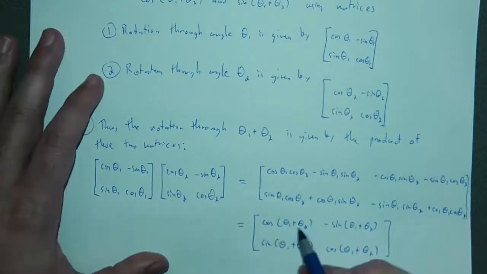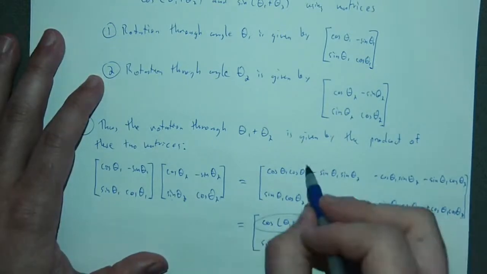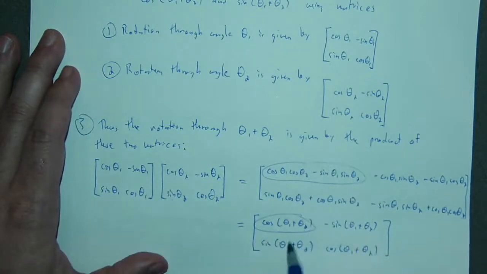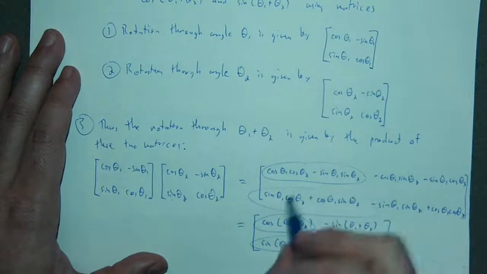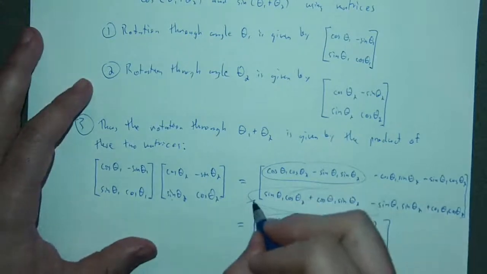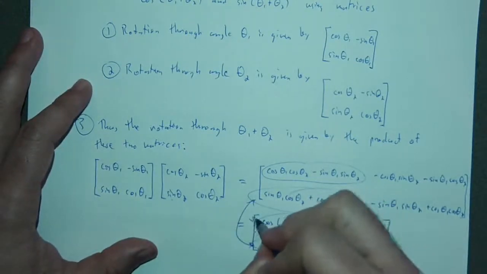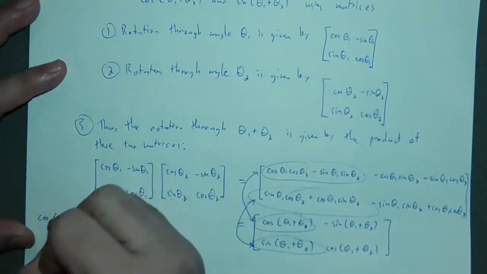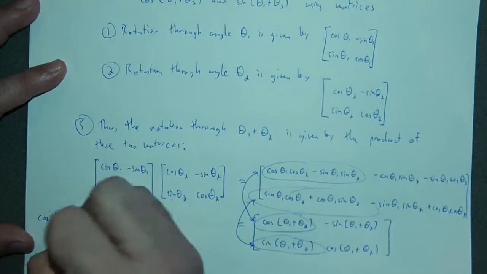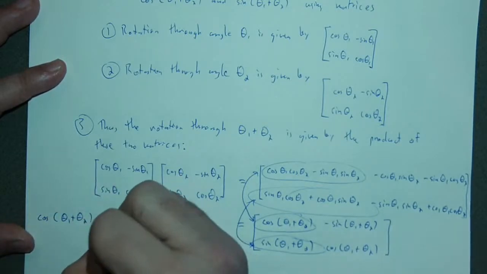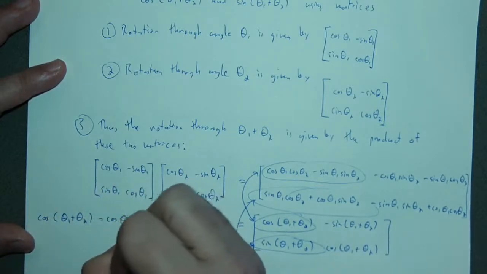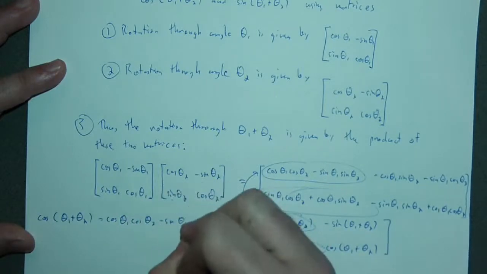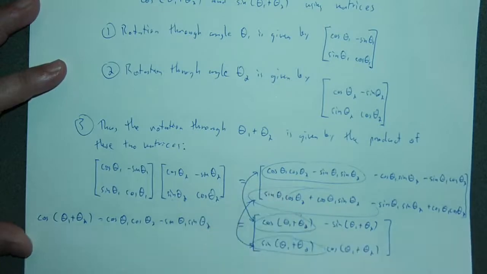But what we can do then is just equate the corresponding entries, since these must be equal, and the product of these two matrices is equal to this. So equating the corresponding entries, I get that cosine of theta 1 plus theta 2 is equal to cosine theta 1 cosine theta 2 minus sine theta 1 sine theta 2.